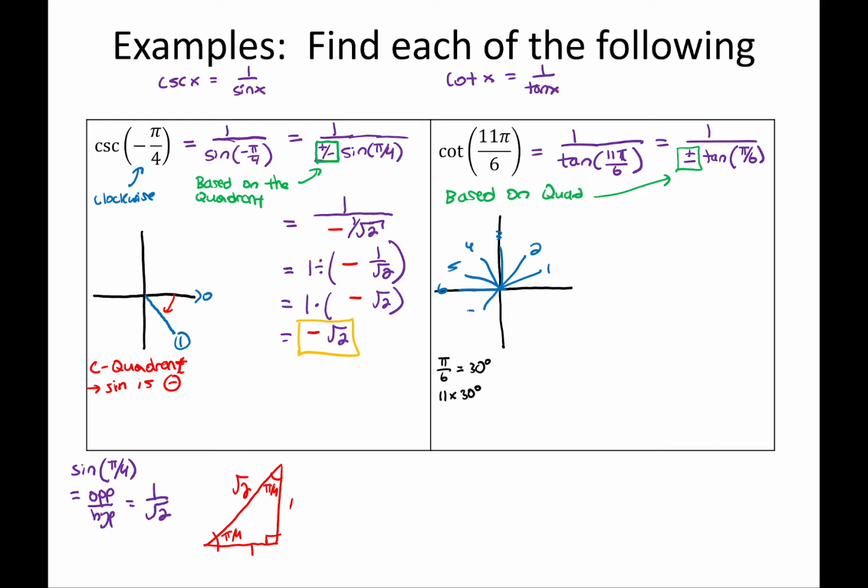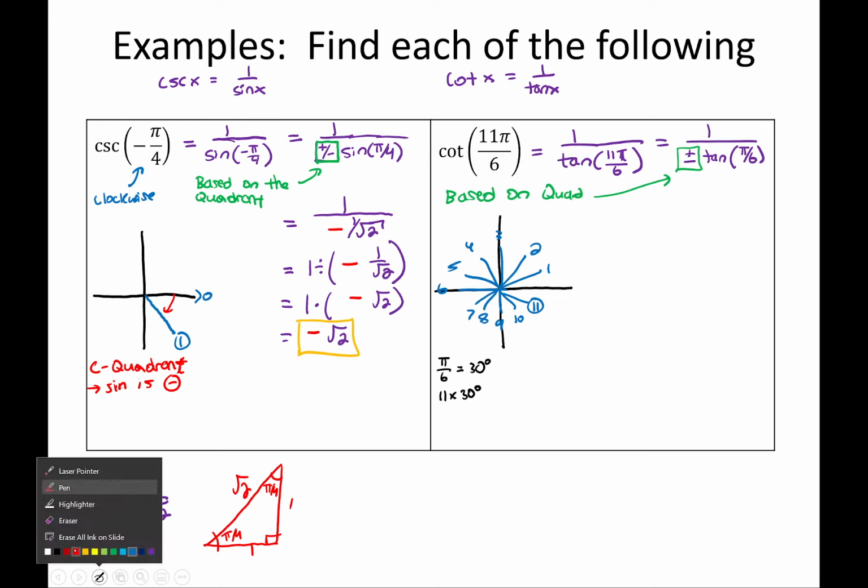Then 7, 8, 9, 10, 11. So we are in the C quadrant.